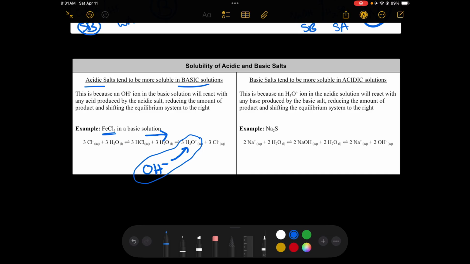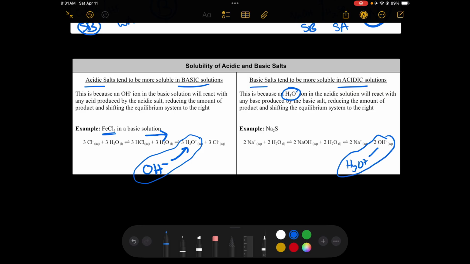For bases, we have the exact opposite situation. Basic salts tend to be more soluble in acidic solutions. For a similar reason, it's because the H3O+ in our acidic solution that we're trying to dissolve that basic salt in is going to react with any hydroxide produced by that basic salt. So our H3O+ will come in and react here.